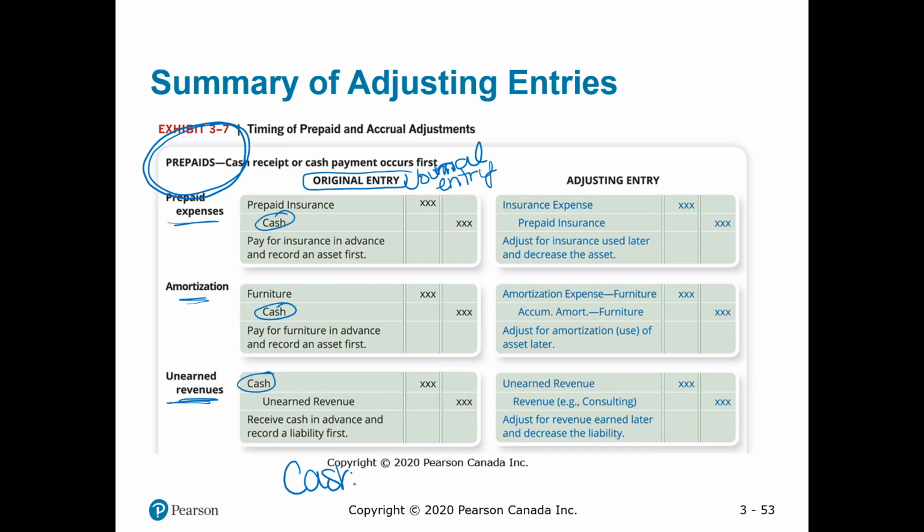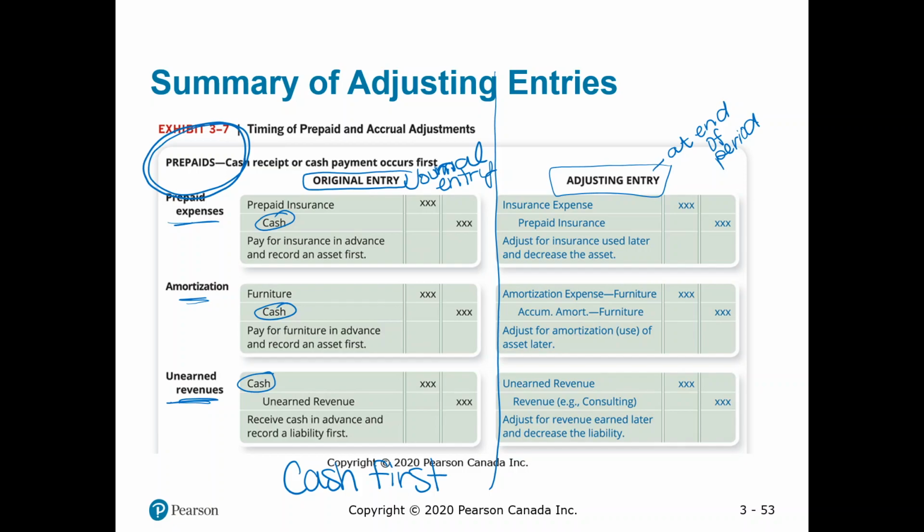So the cash comes first, but when we pay that cash, we haven't had the expense or the revenue yet. Then as time passes, we actually do incur the expense or earn the revenue. So the adjusting entry at the end of the period is needed to actually recognize the expense or the revenue.